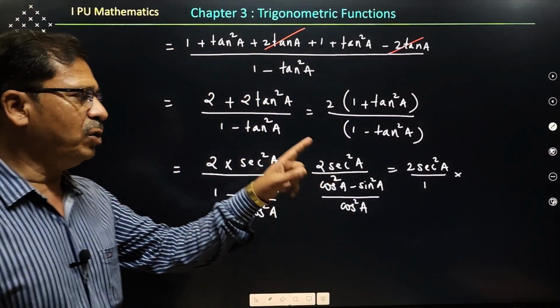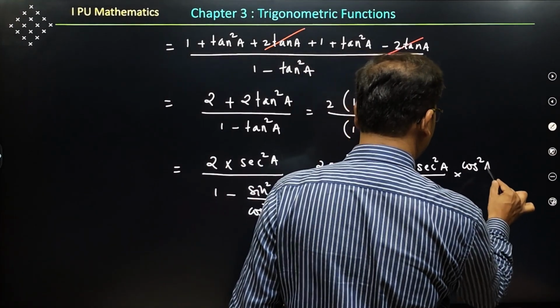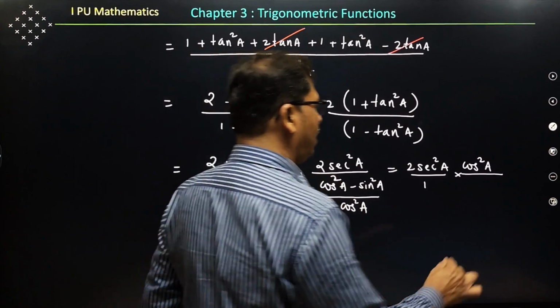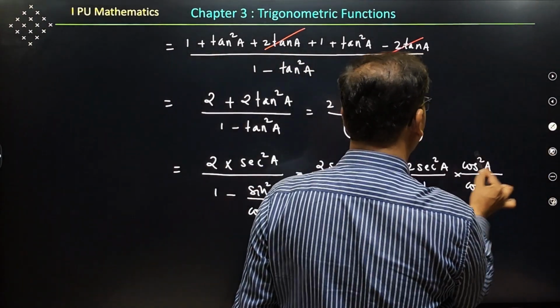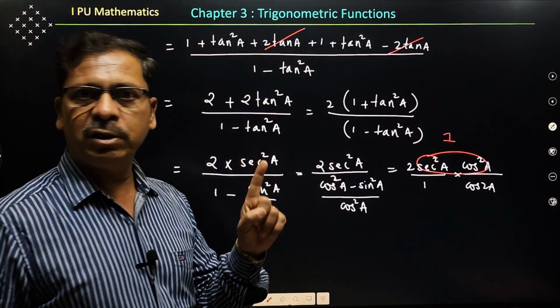Take this cos square a to the numerator. Whole divided by cos square a minus sin square a, which leads to cos 2a. Now the product of these two leads to 1, because sec and cos are reciprocal to each other.